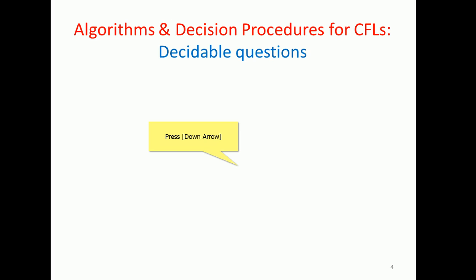So in general, after glancing at this, we can see some decidable and undecidable questions, especially the ones relevant to context free languages. In the context of context free language relevance, we are going to discuss this in depth here.